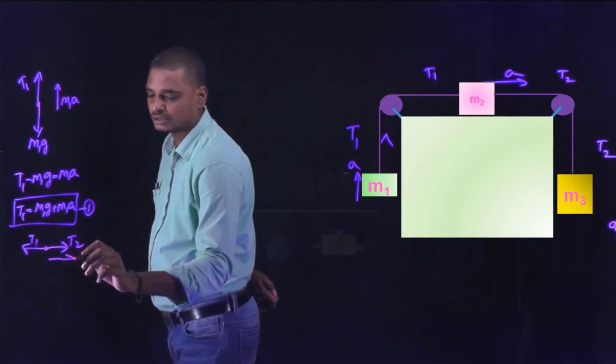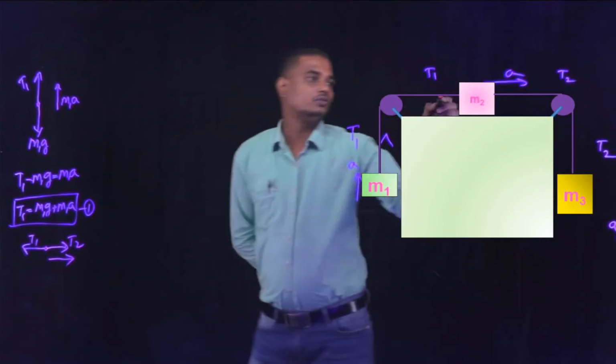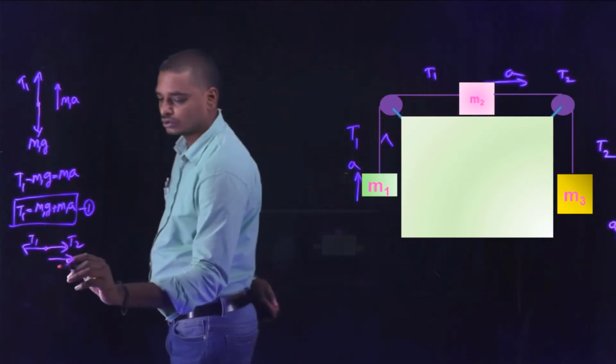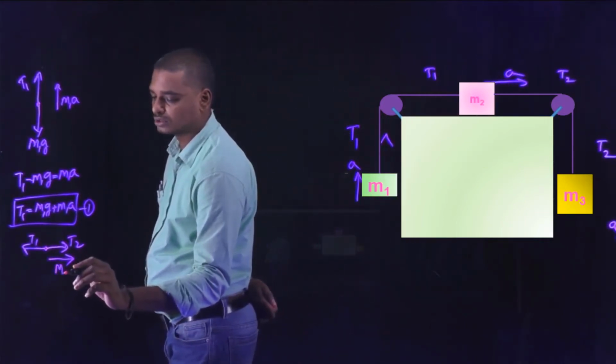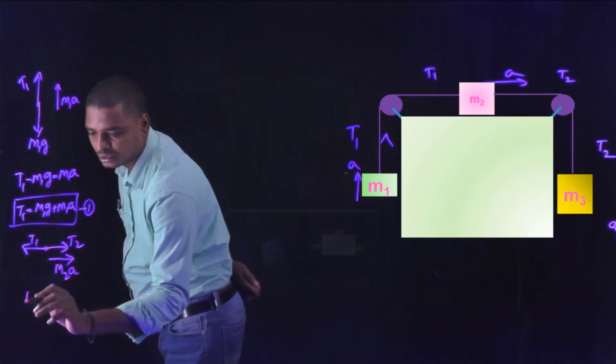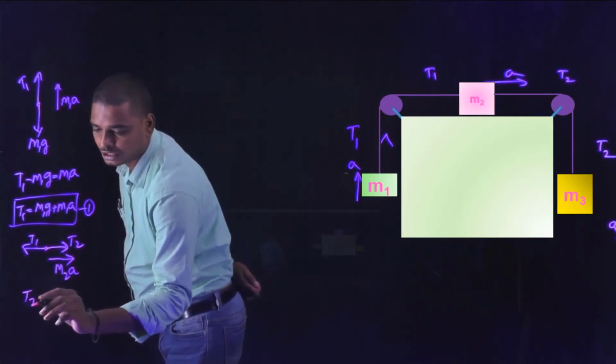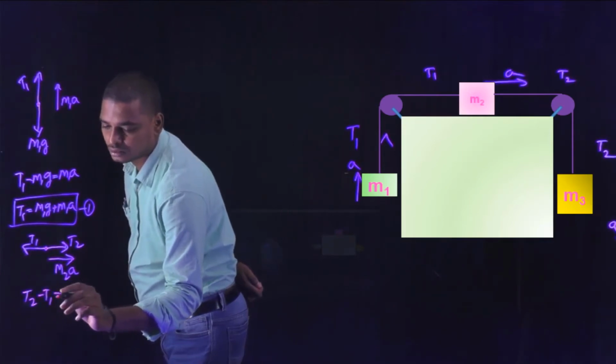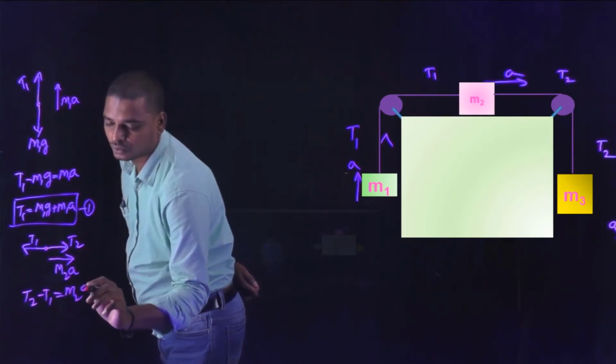Due to the net resultant force, the block is moving in this direction with acceleration A. So the net resultant force on this block is M2A, from which we can write T2 minus T1 is equal to M2A.